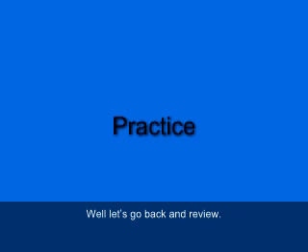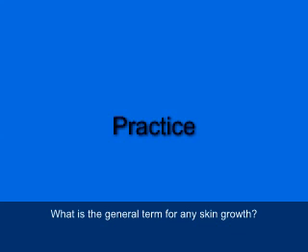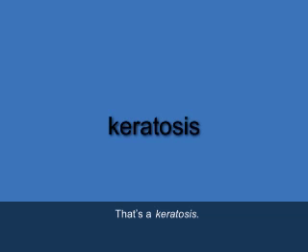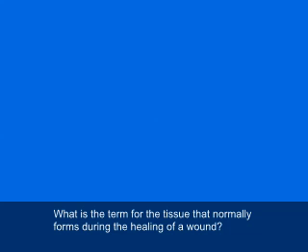Well, let's go back and review. What is the general term for any skin growth? That's a keratosis. Keratosis. What is the term for the tissue that normally forms during the healing of a wound?